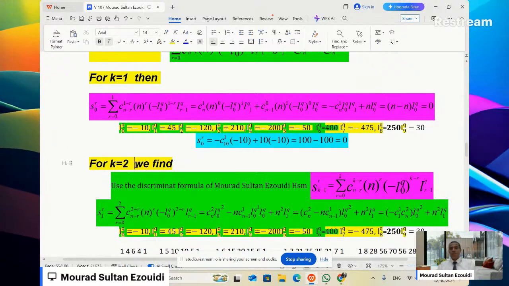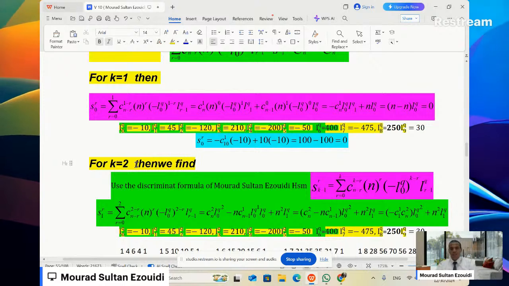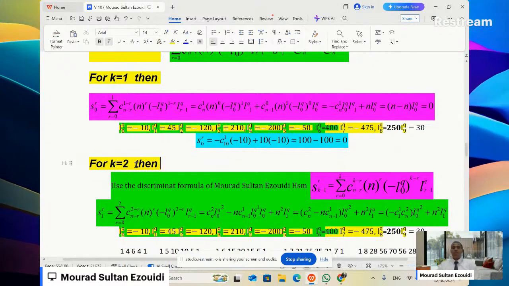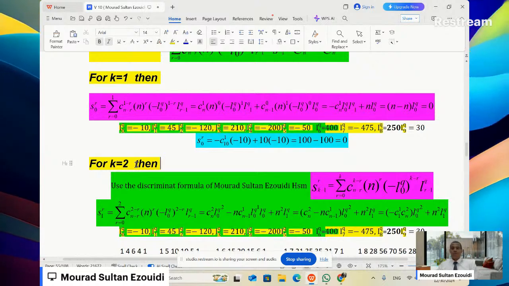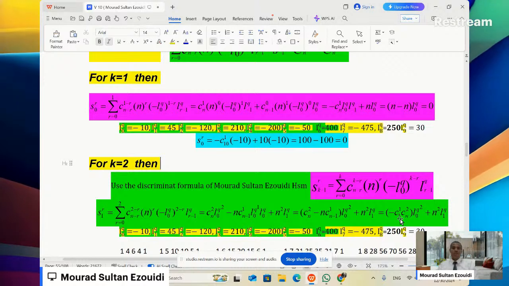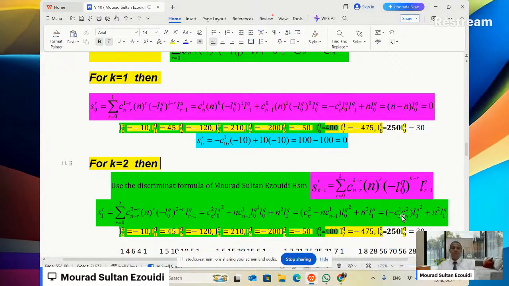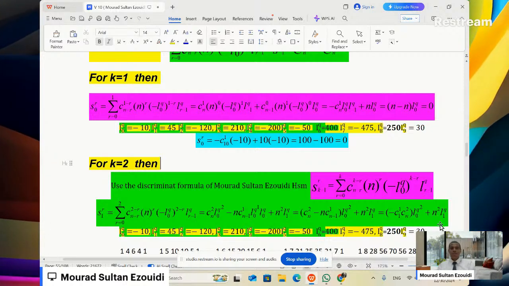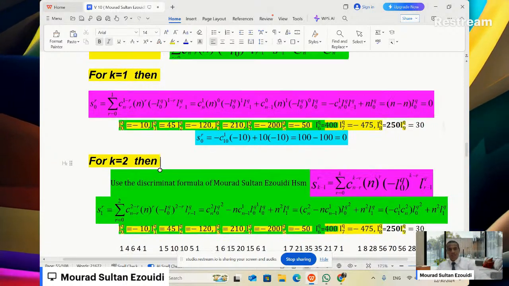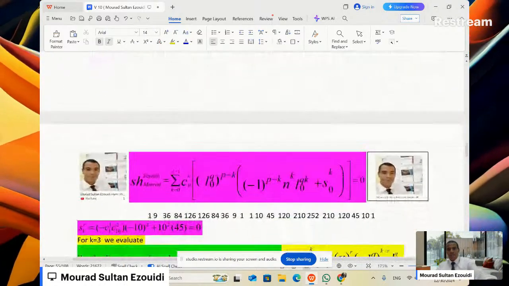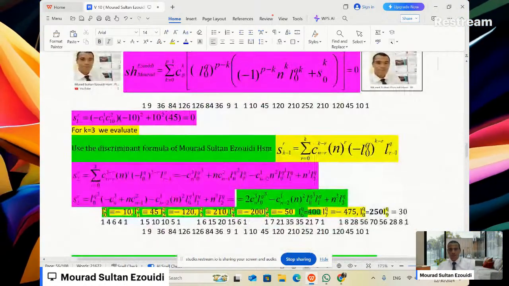S1, we just put k equal 2 in the discrete formula. Then we obtain that S1 of order 2 equals negative combination 1 choose 1 times combination 10 choose 2 times the L0 order 2 plus n squared times L1. So just calculation, and I will obtain S1 is equal to, what is S1?